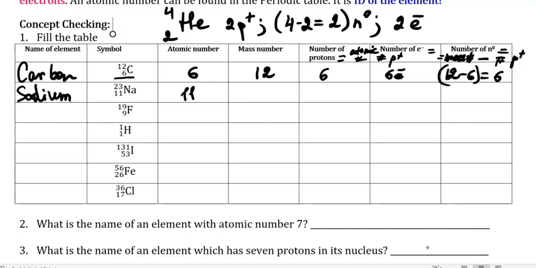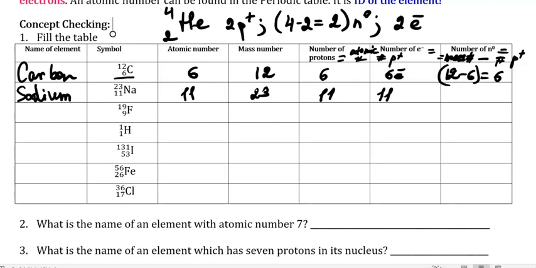The bigger one is mass number. Mass number is 23. So that means that number of protons, which is equal to atomic number, is 11. That means that sodium in its nucleus has 11 protons and the same amount of electrons, because the atom is neutral, so 11 protons and 11 electrons.